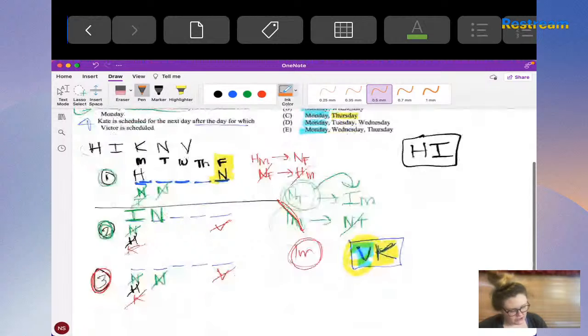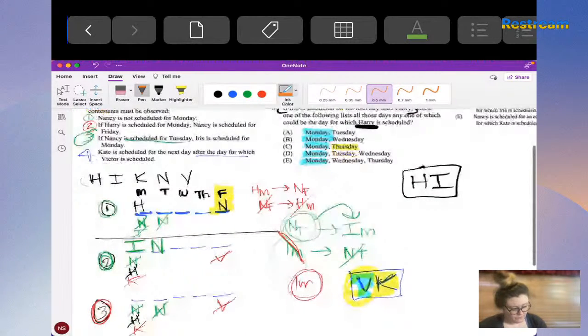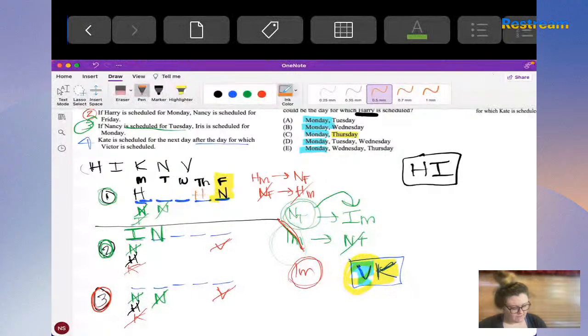If we put H on Thursday, does that work in any of these? Well, it can't work in the first one because we don't have anywhere for that I to go. And it's not going to work in the second one because I comes first. So now let's look at the third one. Can we put I last?